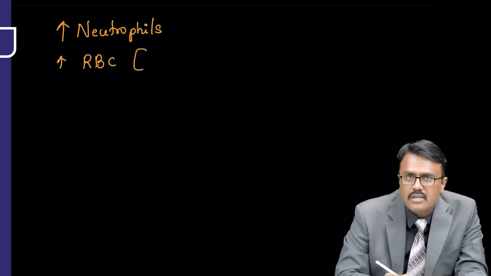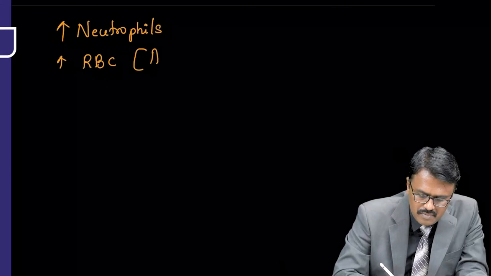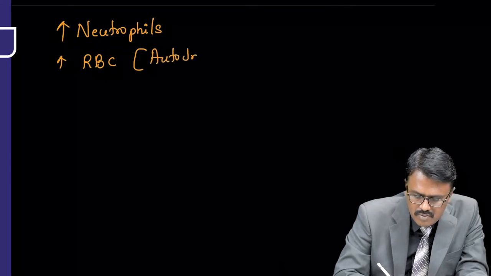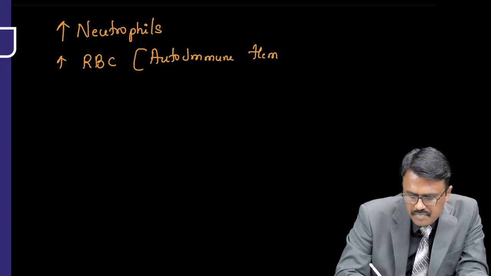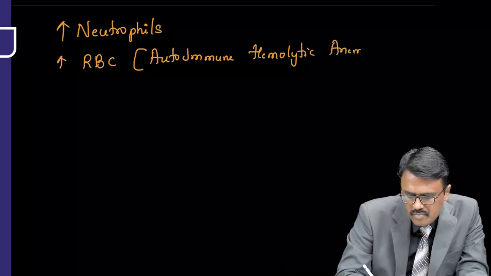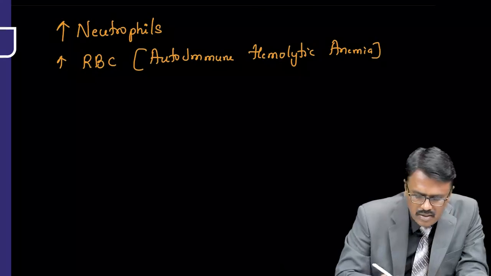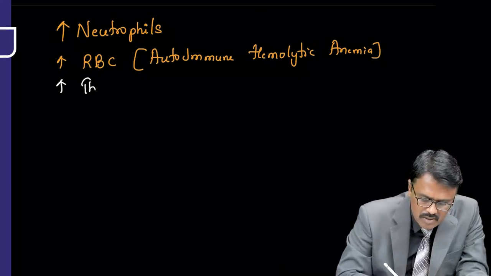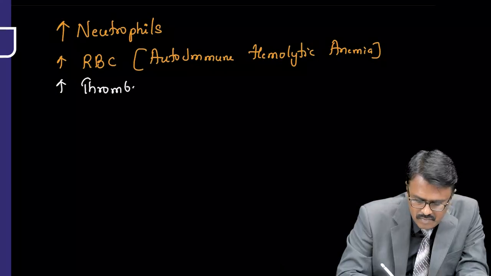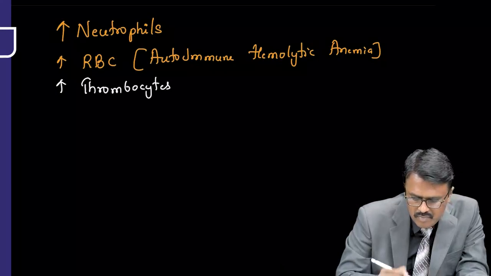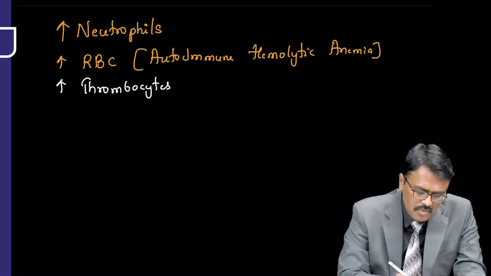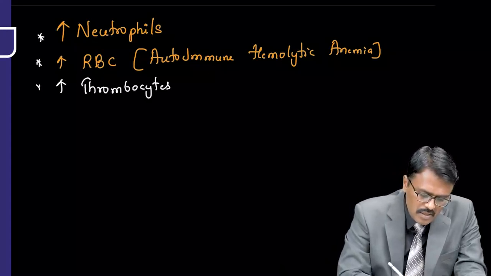So we took the advantage of that and we can use it in autoimmune hemolytic anemia. They are also known to increase thrombocytes. Now these are the three things which are increased.